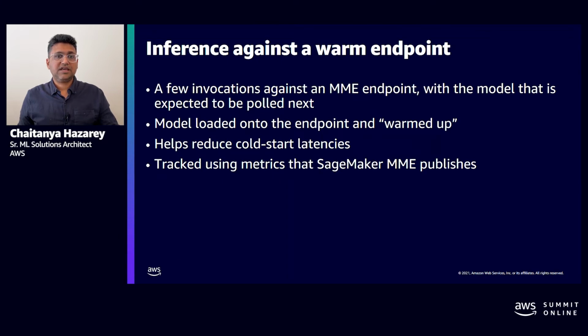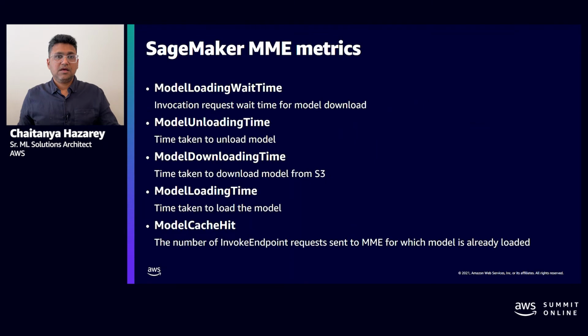Now, let's take a quick look at some metrics that an endpoint publishes. These metrics allow you to monitor a SageMaker multi-model endpoint. Model loading wait time gives you the interval of time that an invocation request has waited for the target model to be downloaded or loaded or both in order to perform inference. Model unloading time is the time taken to unload the model.